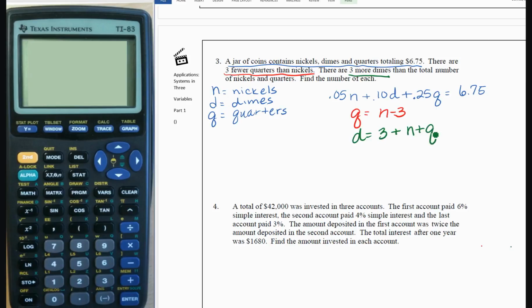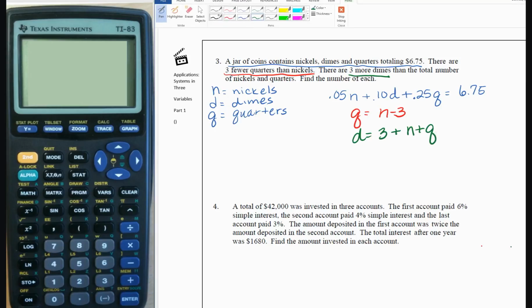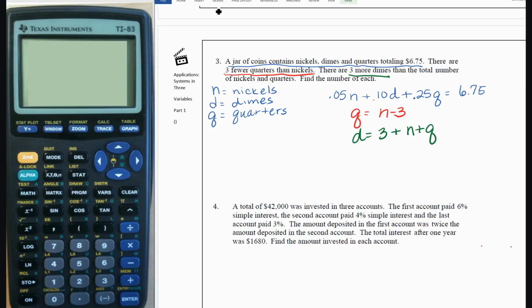Okay, now before we put this in a matrix, we need to get everything lined up, everything on the same side. So we'll use black and write everything the way we want it. We're going to leave the first line alone: 0.05n plus 0.10d plus 0.25q equals 6.75.